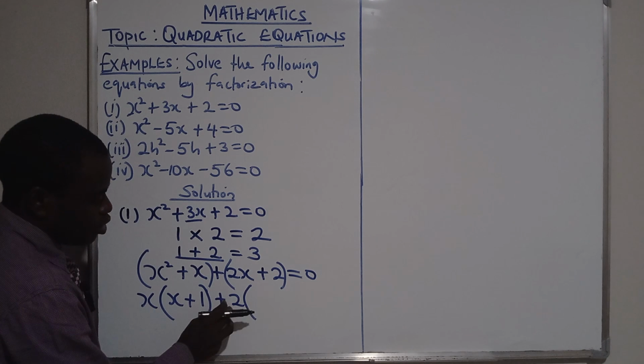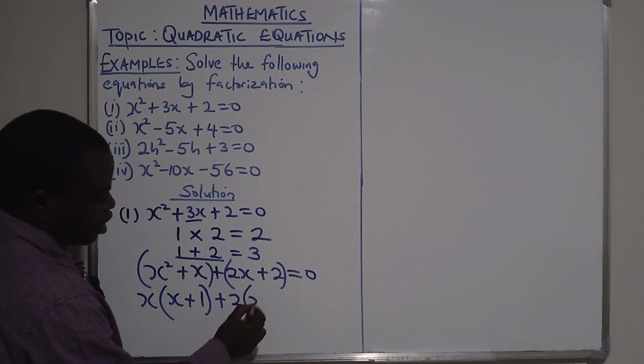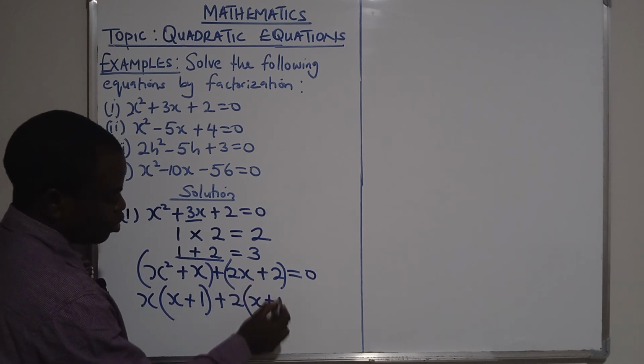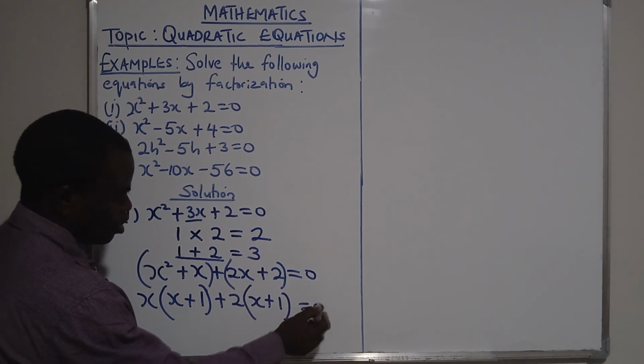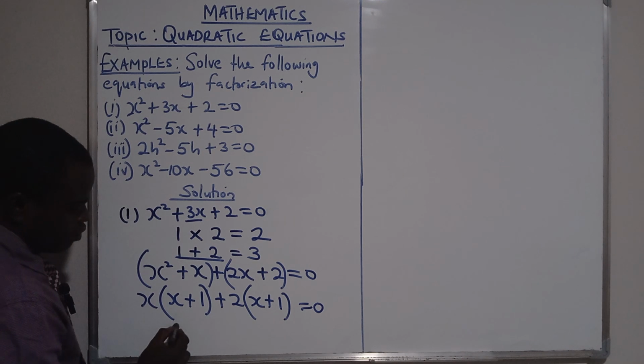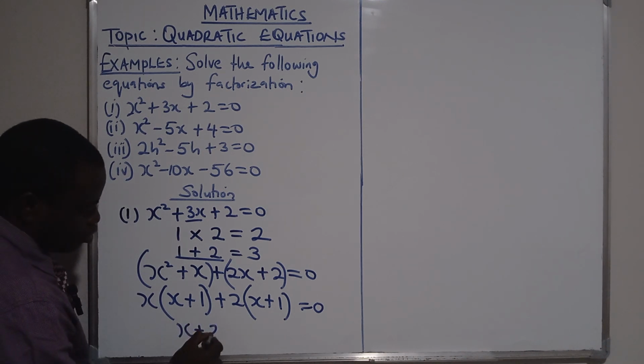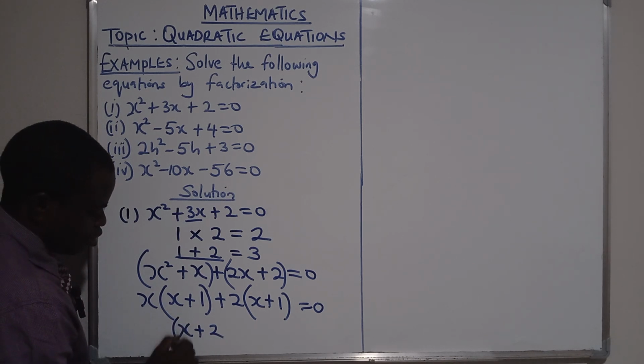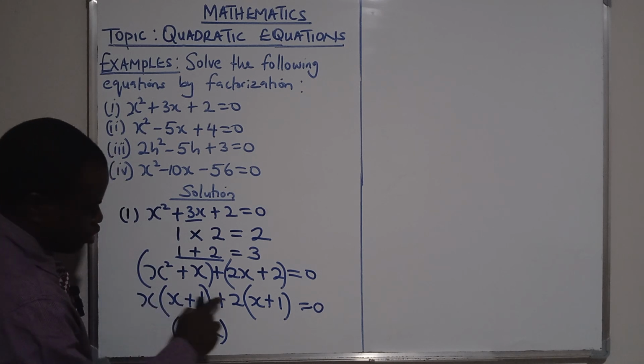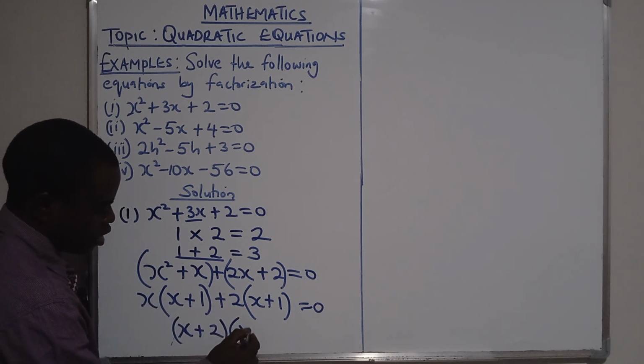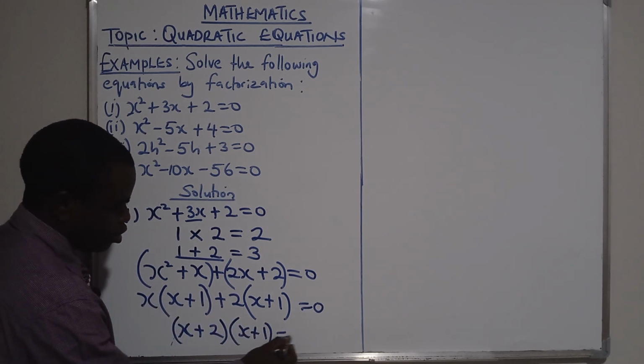When you bring 2 out, you are left with x plus 2 goes into 1. Now we have x plus 1, x plus 1, that is x plus 2 into bracket x plus 1 equals 0.